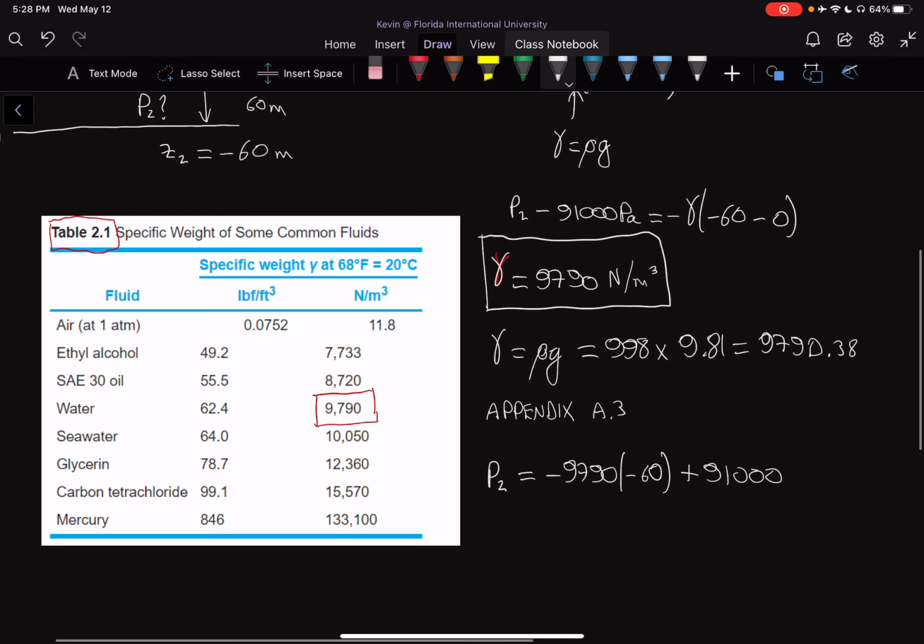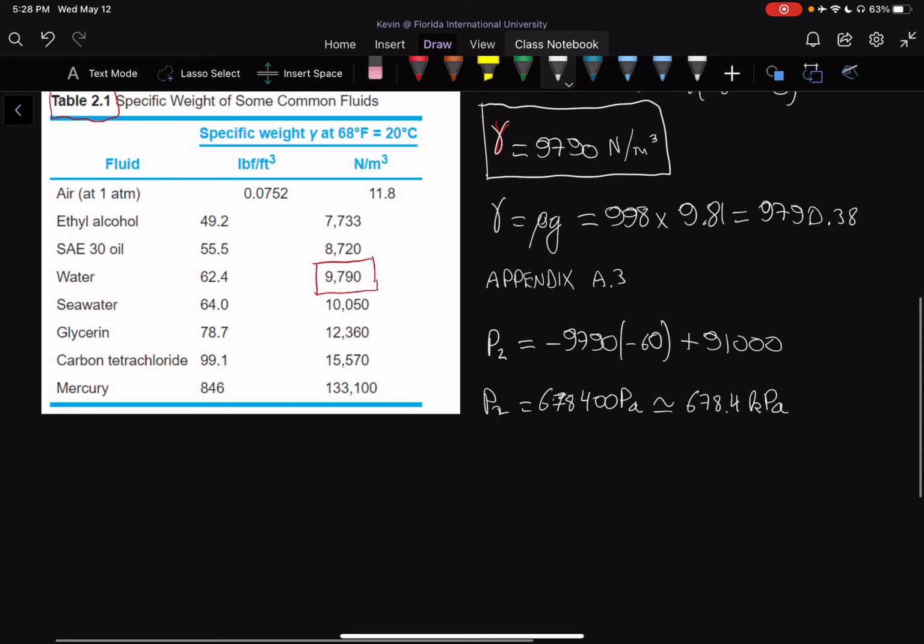And we finally get that P2 is equal to 678,400 pascals, or in other words, 678.4 kilopascals if we want to bring it back to kilopascals. And that's essentially our first example problem that we've done in the class.